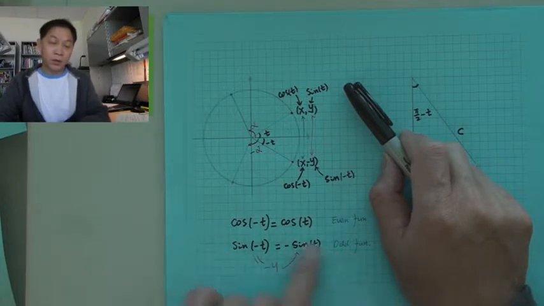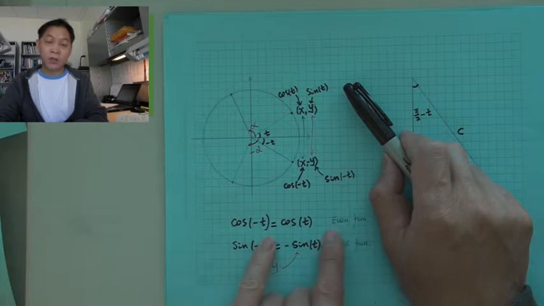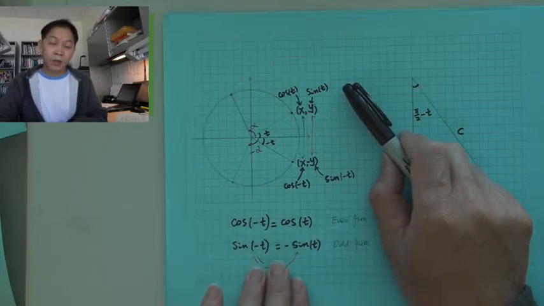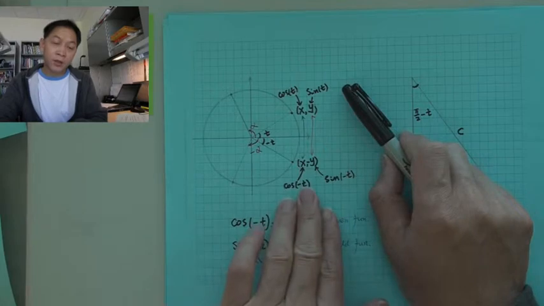If it doesn't matter whether it's positive or negative, they are equal, then it's called an even function. So in order to deal with the sign of sine and cosine, that's what we got from here.